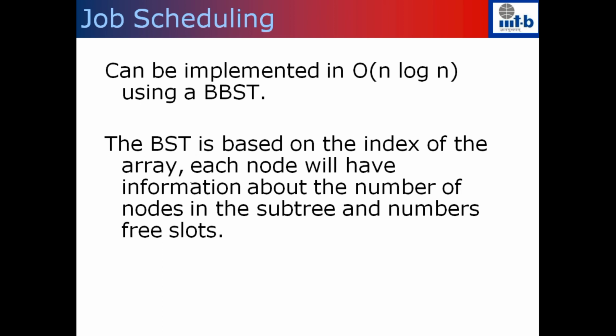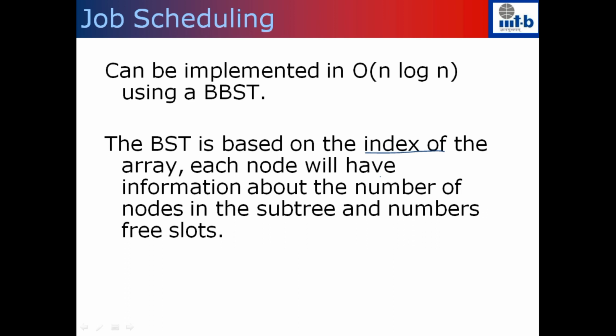In the binary search tree that we are going to consider, the search property is maintained based on the index of the array that we just described, and in each node, in addition to the search key, that is the index, we also keep track of how many nodes there are in this subtree and how many free slots are available among all the days in the subtree.